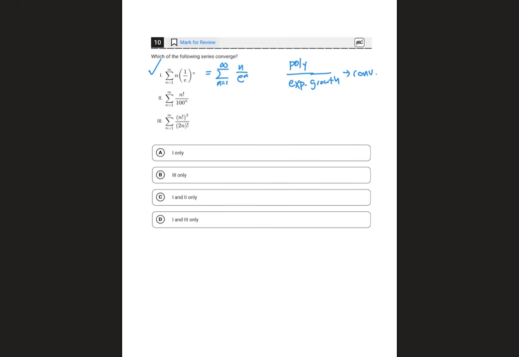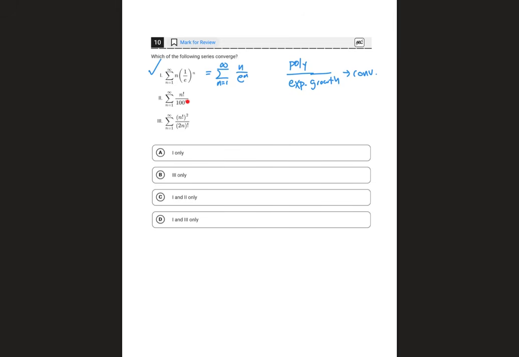For the bottom, every time n increases by 1, the bottom just gets multiplied by exactly 100. And so this will be increasing by something bigger and bigger than 100, and the bottom will keep getting multiplied by 100 exactly. And so that's why factorials go up a lot bigger than exponentials.